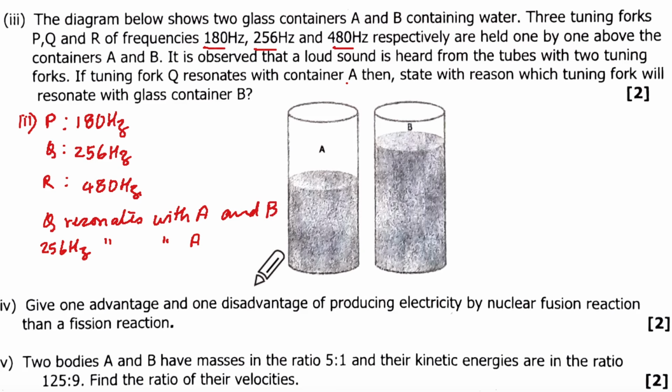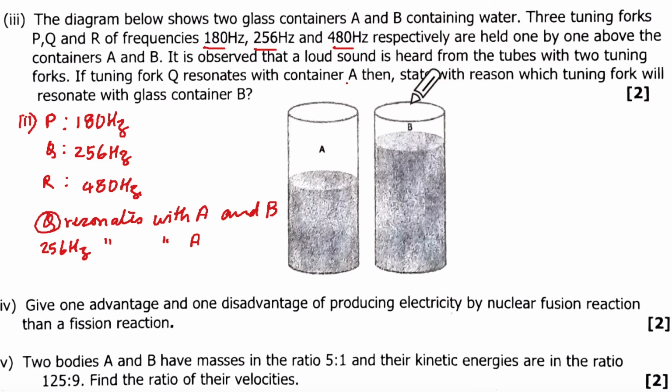Agreed? If it's resonating with A, it's resonating with B also. It is observed that a loud sound is heard from tubes with two tuning forks. So Q is resonating with A and there are two of them which will resonate, no? So if it's resonating with A, it will resonate with B also, right?